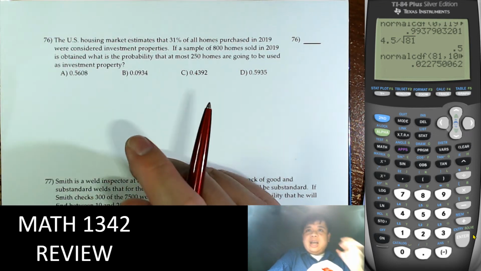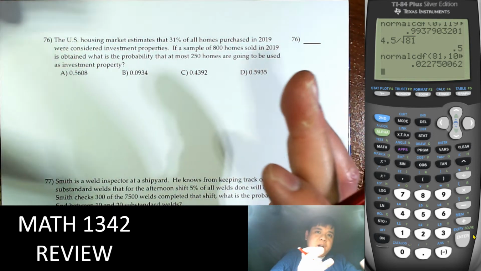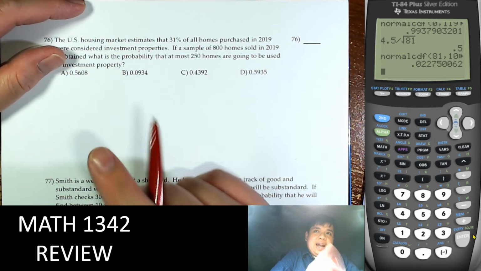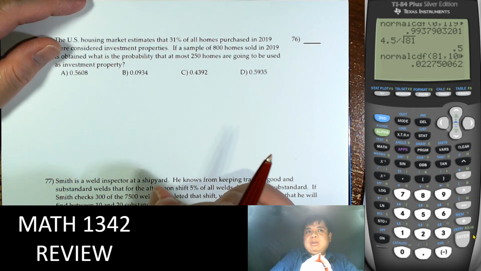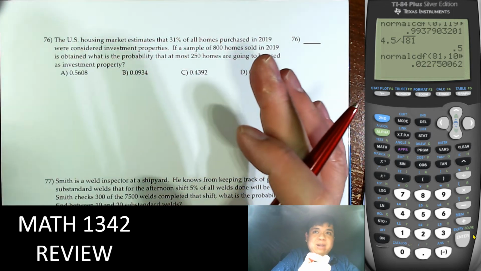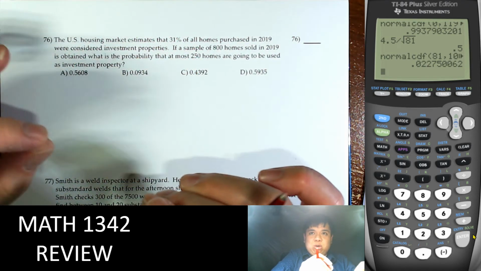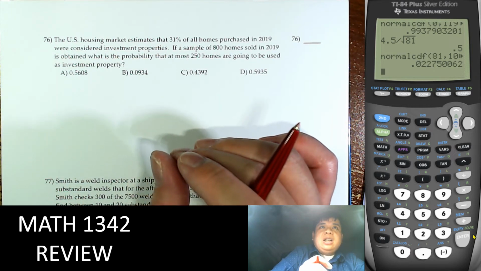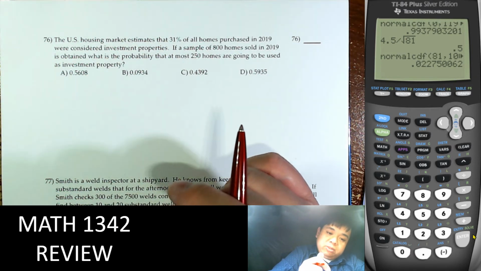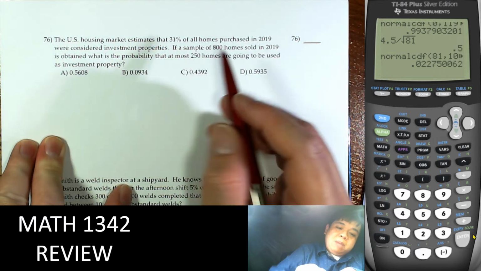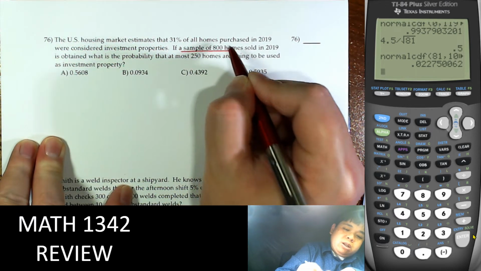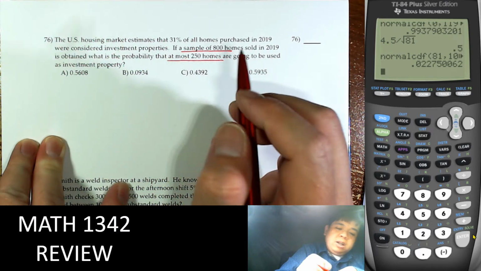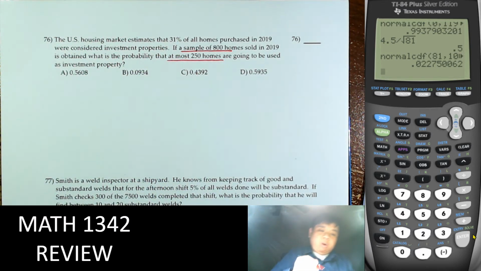Usually the sample has to be small enough relative to the population, like less than 5% of the population, and n times p times 1 minus p has to be greater than or equal to 10. I said in math, when we do the test, you don't have to check that, because the assumption has to be made in order for us to do the calculation. Right, so we have the sample of 800 homes, and we want at most 250 homes to be used as investment properties.